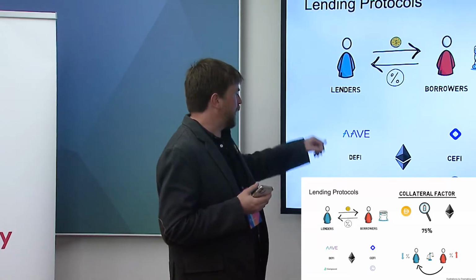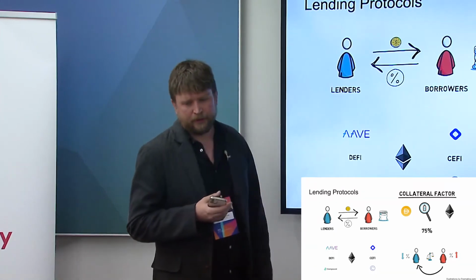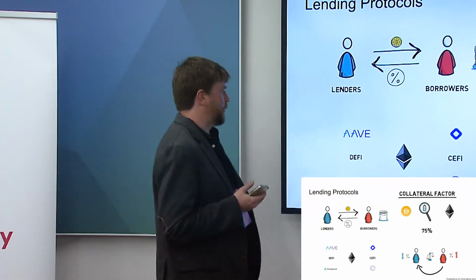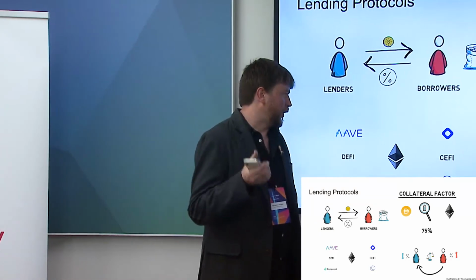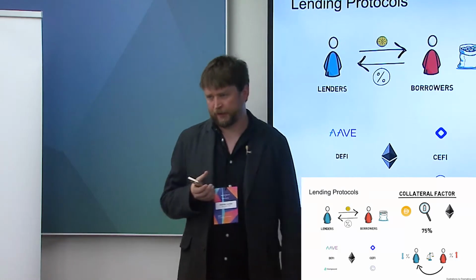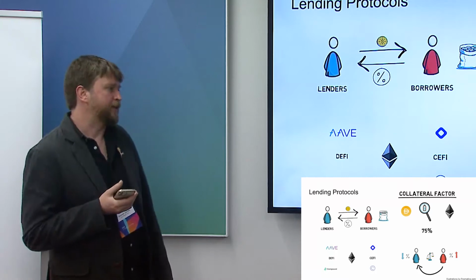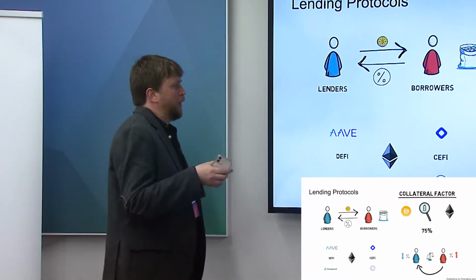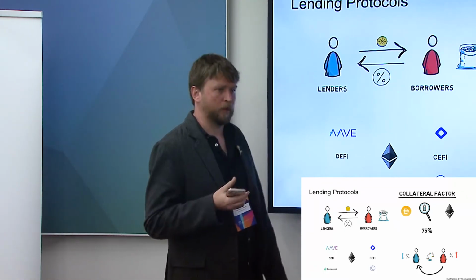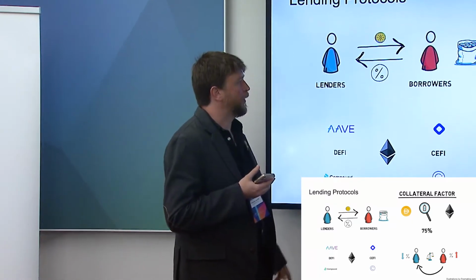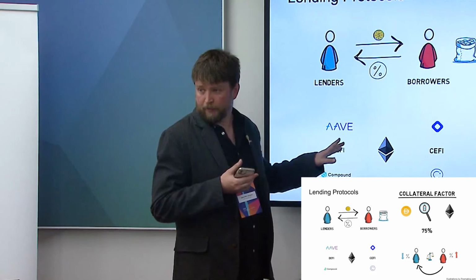While Aave and Compound and all the other DeFi lending protocols are essentially smart contracts. That exposes them to a different kind of risk, with errors in code and so on. But at least there is no human hand that helps to decide what's going to happen with a particular investment. Is it clear so far?